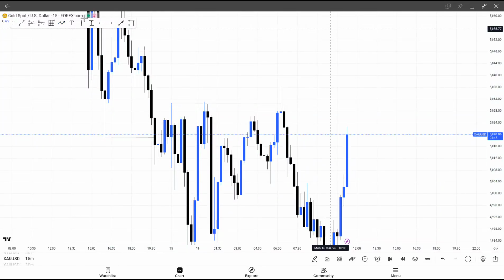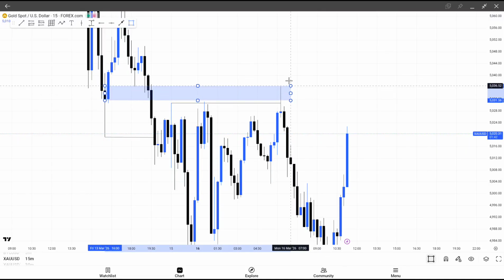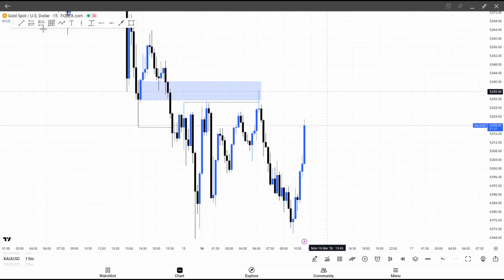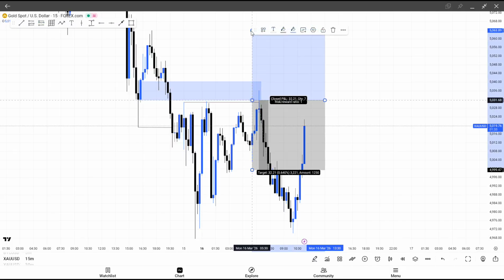So this is our inducement. So in this place we have the breaker block that has not been used by the price. You see the inducement, and that breaker block is unmitigated. But don't worry, I will develop this part in the second video. Okay, so this one is a clean trade.